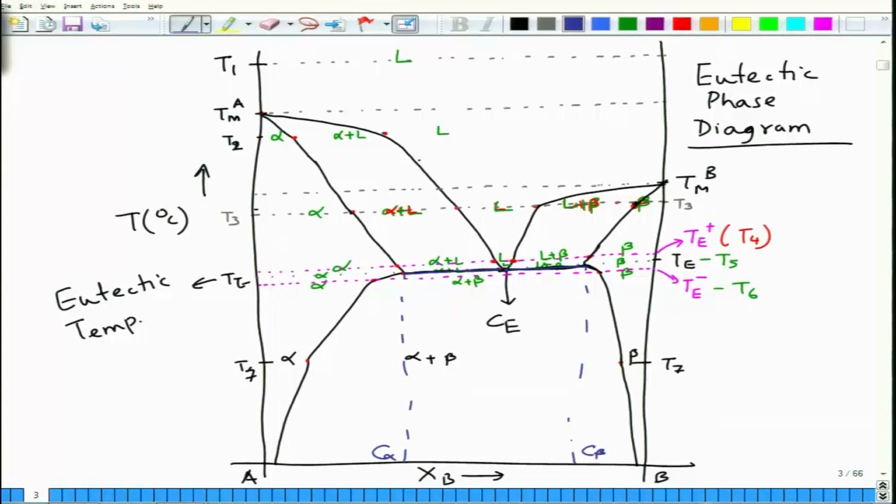Again, terminology wise, this boundary is called the liquidus, which is the boundary between liquid and the first solid. Both of these are liquidus. These are solidus.